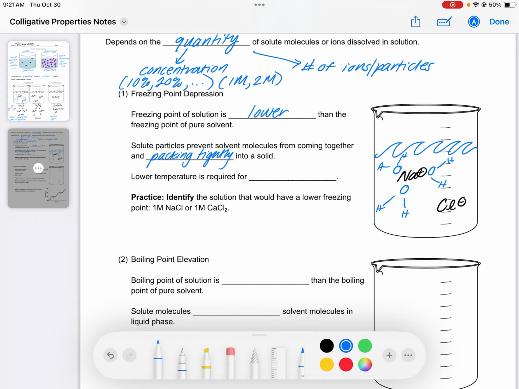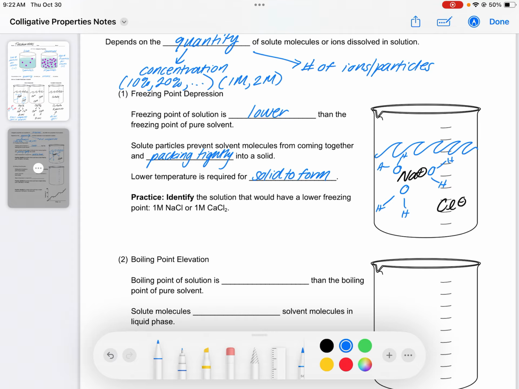What this means is that a lower temperature is going to be required in order for the solid to form. So we're going to have to freeze at a lower temperature, get lower and lower and lower in order for the water molecules to get close enough to freeze.